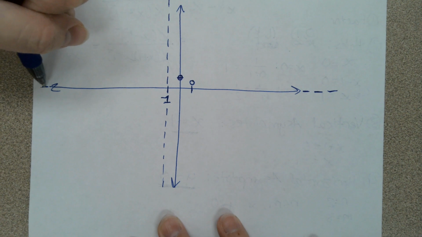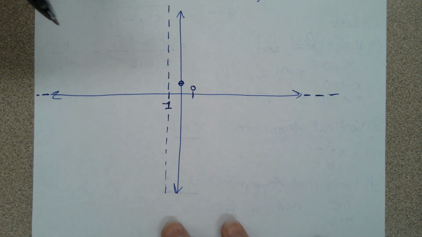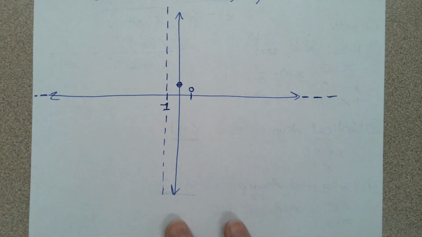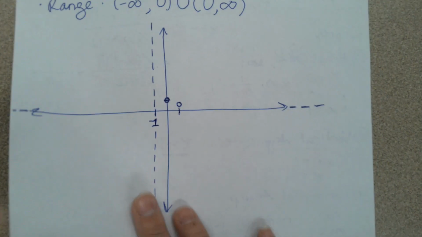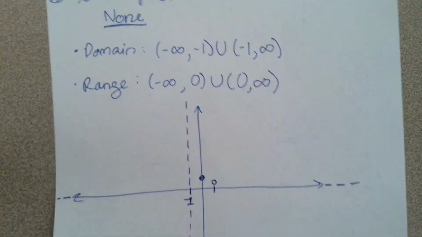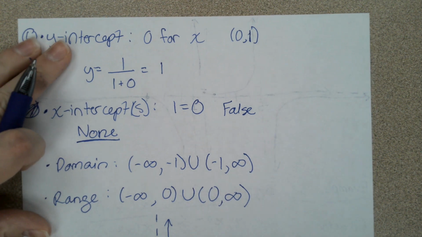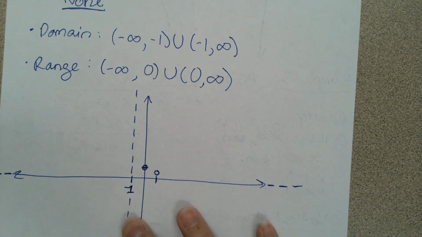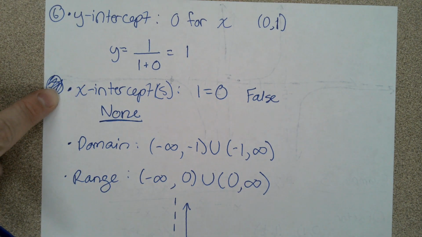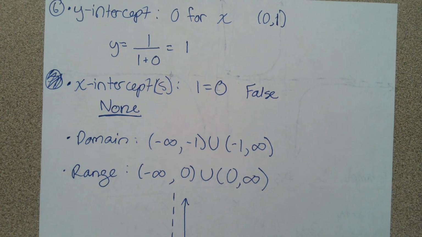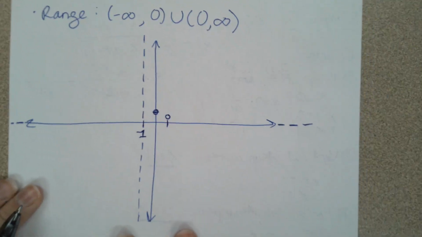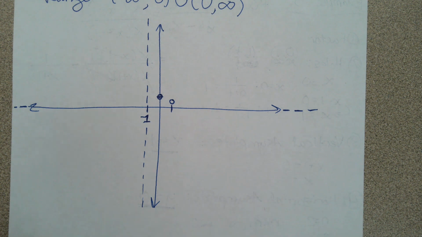So I'm just going to put some dashes along the outside so I know it's all of this. And then my intercepts. My y-intercept is (0, 1), which I've already graphed. It's actually a hole, not a point. And then my x-intercepts, I don't have any. So from here, this is where I go to my graphing calculator and type this in.